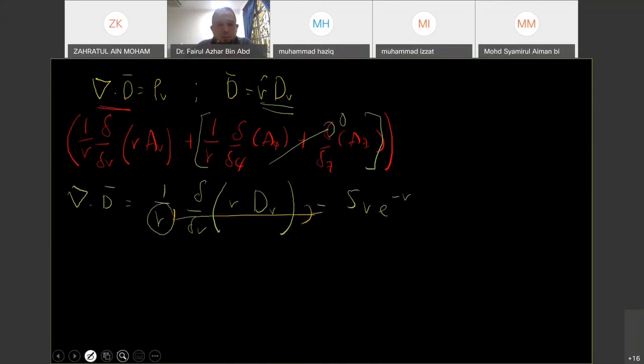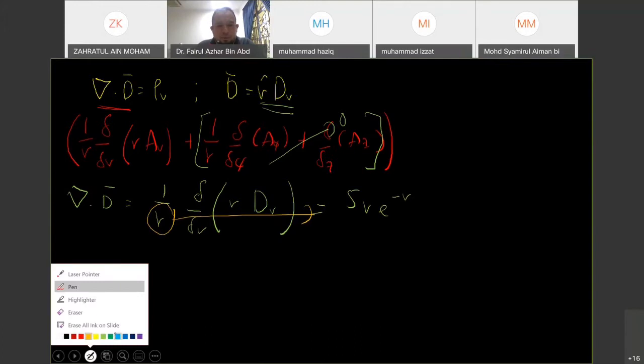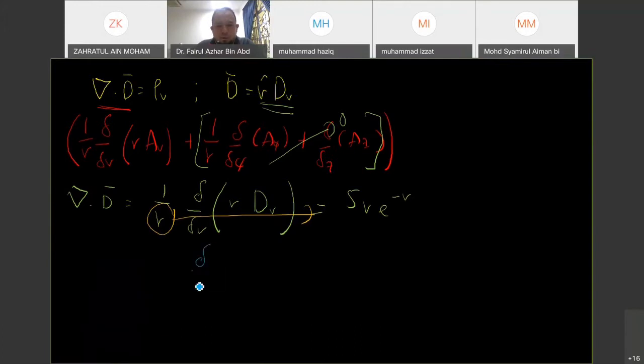Then we will have d dr of r D r is equal to 5 r power of 2 e minus r. Then we need to perform integration of the r.